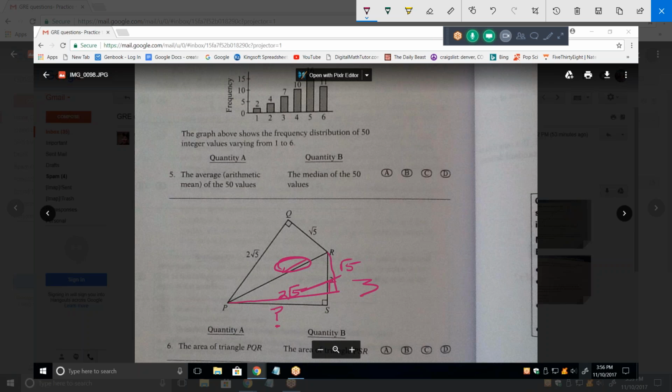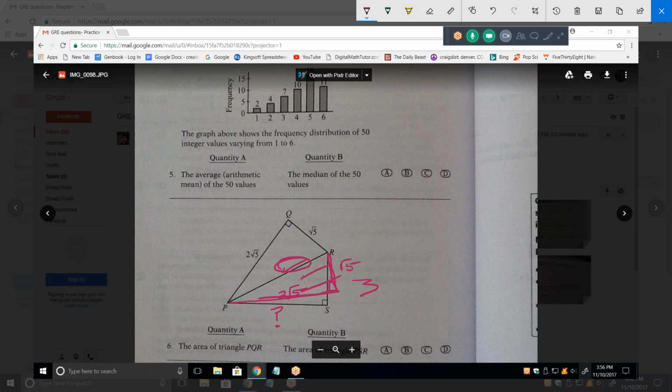For one thing, 3 is enough bigger than root 5. Had they said root 8, then I wouldn't be so sure. Might have to do the math. But when they say root 5, that's like 2.1. So this triangle here has to be quite a bit smaller.